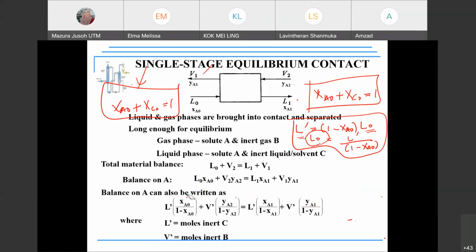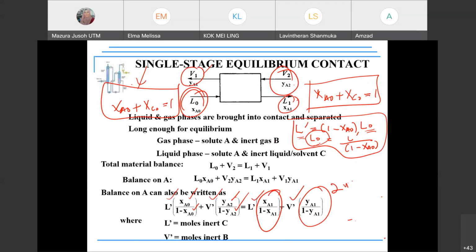And usually the beginning or the starting mole fraction, you will know. So XA naught is usually known, okay? YA2 is also known because you will know what's coming in. What you don't know are the outputs. Flow rate and composition, you don't know usually for this single stage. With that known, and L prime, V prime are also known, you are left with only two unknowns.